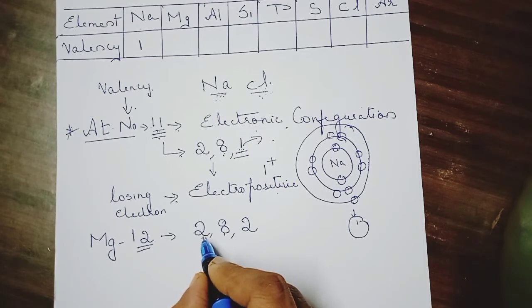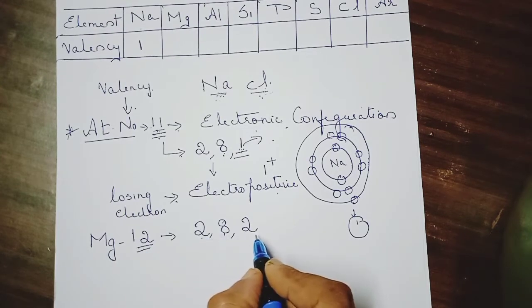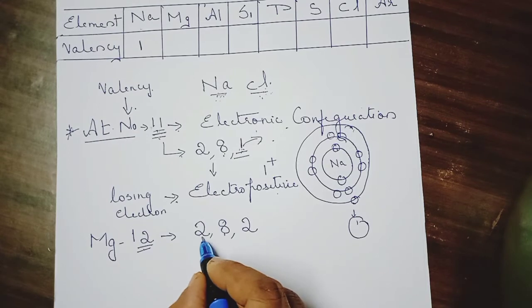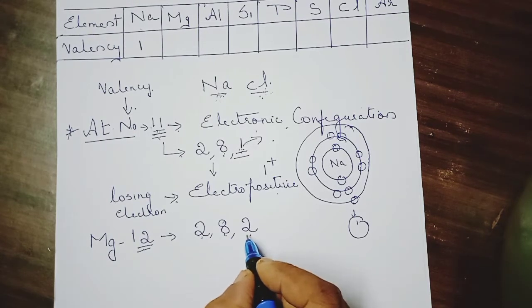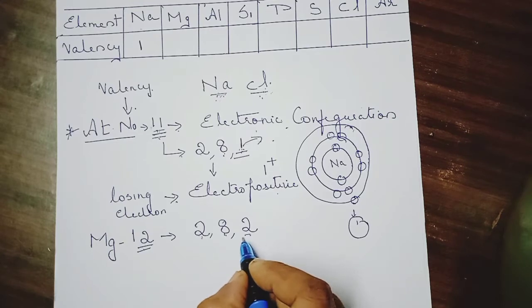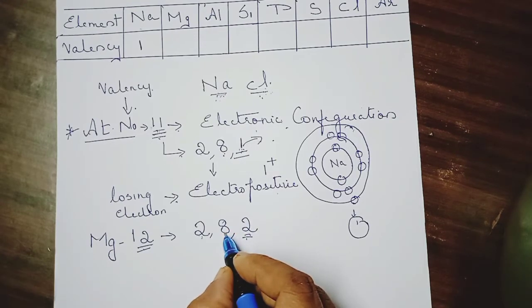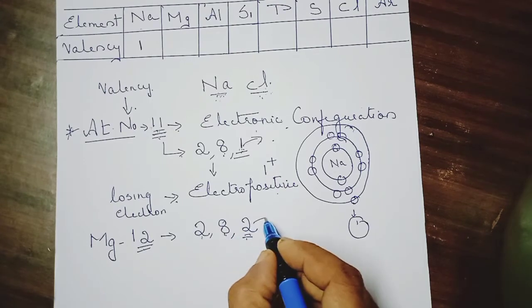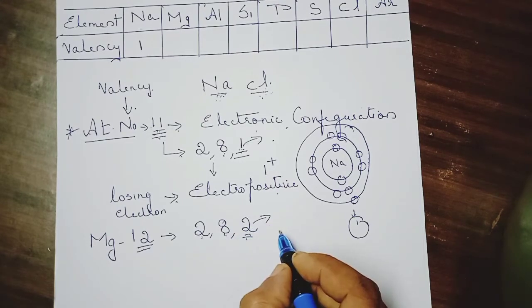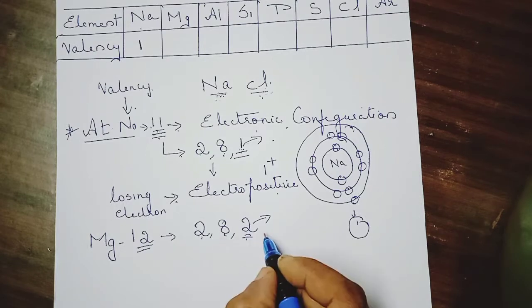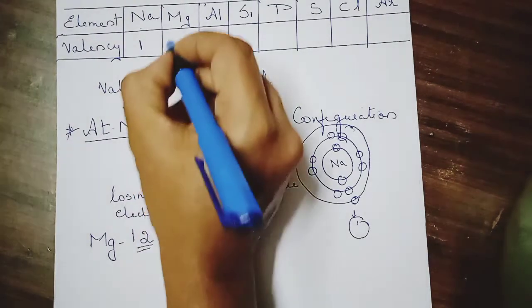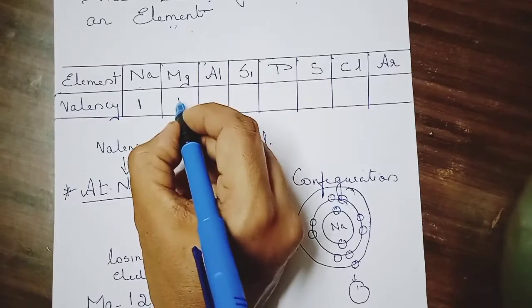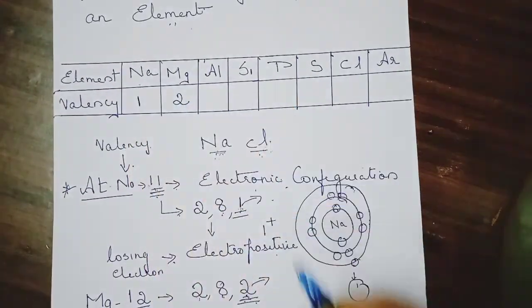So we need 12 electrons for magnesium. The first shell has 2, the second shell has 8, and the last shell, the valence shell, has 2 electrons. To attain its octet, it has to give 2 electrons. So it is also electropositive in nature and the valency is 2. So let us write here 2.